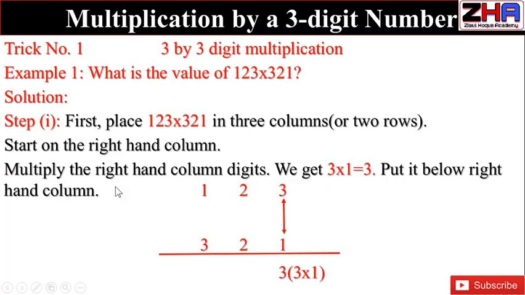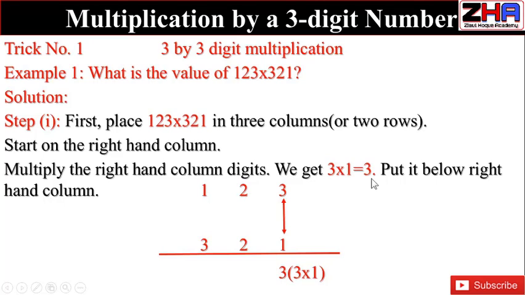Multiply the right hand column digits. We get 3 into 1. Here the right hand column contains 3 and 1, and we multiply these 2 digits.